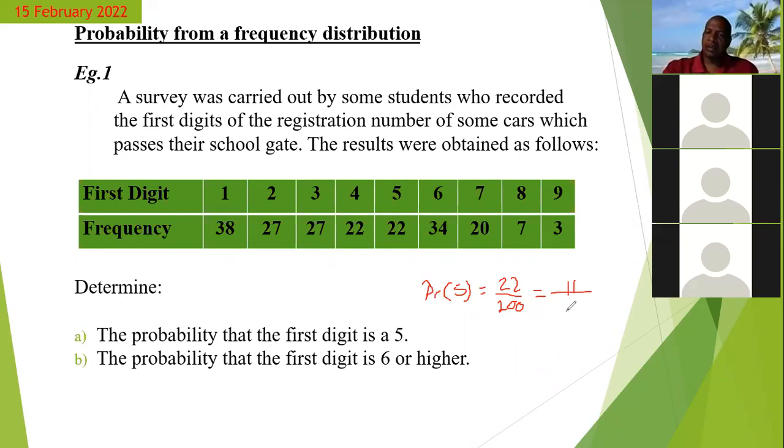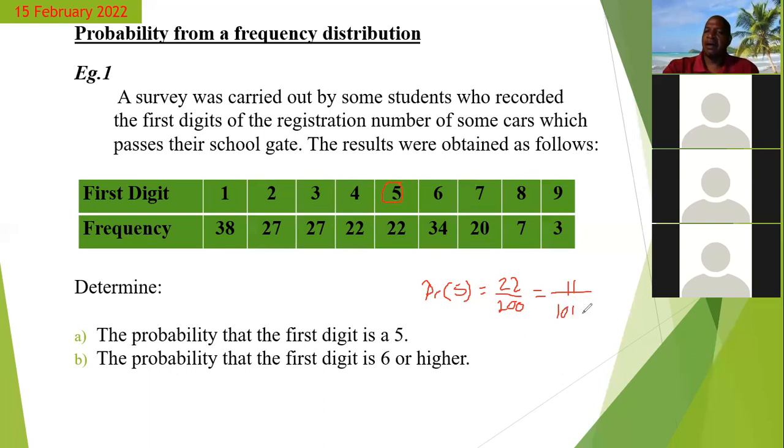But sir, question, how did you get the 22? I'm lost there. If we are calculating the probability of getting a first digit of a 5, we need to know how many first digits are a 5. Okay, so you use that 22 in the frequency? Yes, because the frequency tells you how many 5s you have.